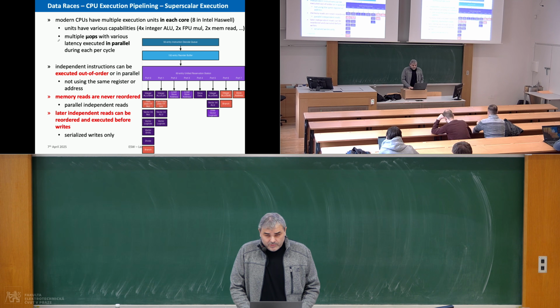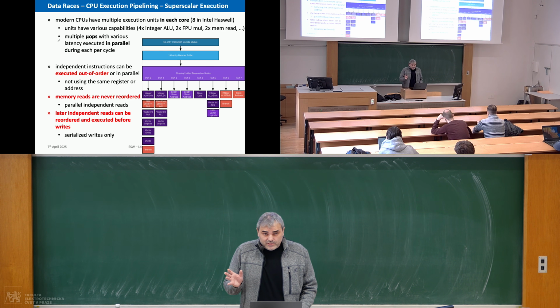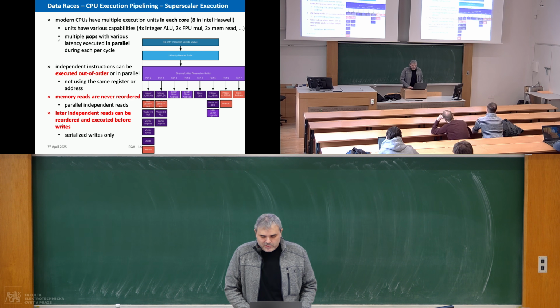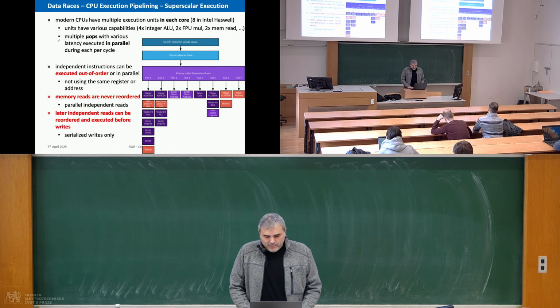About execution, there is the pipelining I've already mentioned, but it's even more complex. For CISC CPUs like Intel and AMD, there is a superscalar architecture and superscalar execution. This is an example of one core, and within one core, there are many execution units which can perform operations in parallel.